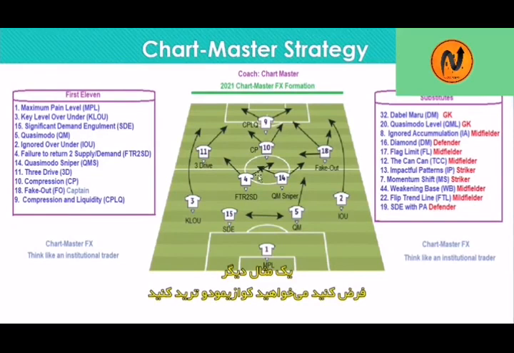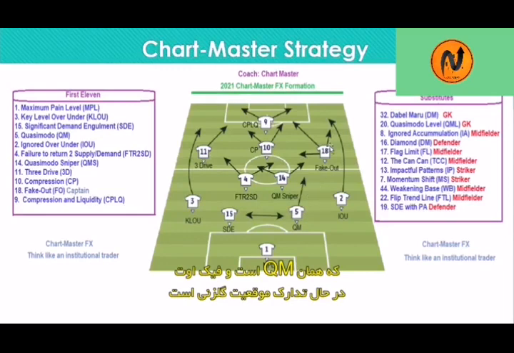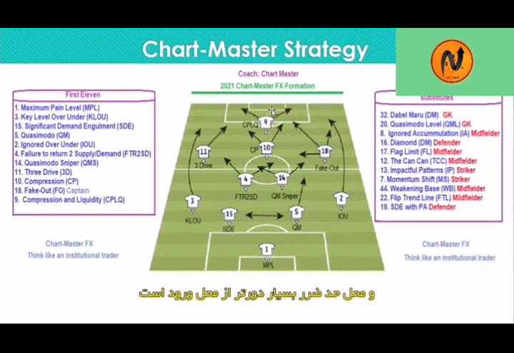Another example, let's say you are trading the Quasimodo, which is the QM. Then the fake out is about to go and score a goal here. We are in H4, but you see that your stop loss is far away from your entry.